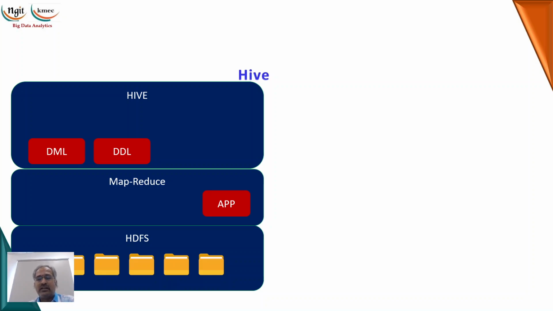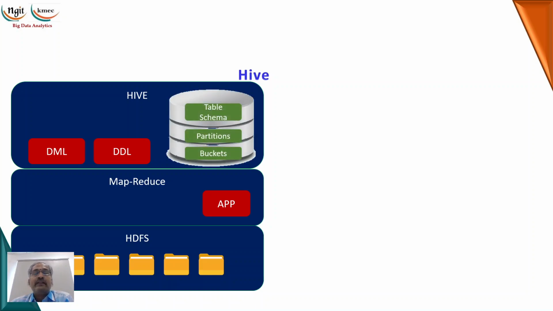By using that, we can upload the data, which will be in flat files only. In the Hive environment, along with DML and DDL, it maintains a separate database. What is that database? Here in the HDFS, the data will not be stored in the form of tables.